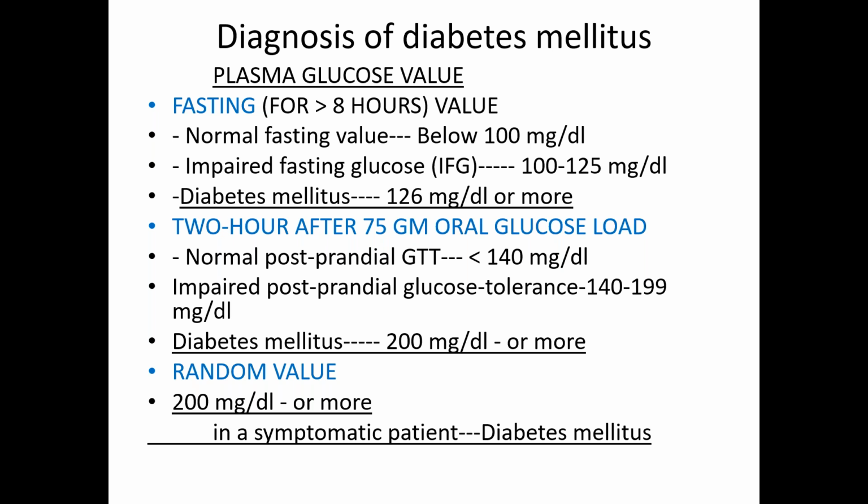So either the first, the second, or the third is required for the diagnosis of diabetes mellitus. In the third case, a random value above 200 milligrams in a symptomatic patient should be diabetes mellitus. So in a symptomatic patient with polyuria, polydipsia, polyphagia, lethargy, fatigue, if a random blood sugar test is more than 200 milligrams, then you can make a diagnosis of diabetes mellitus.